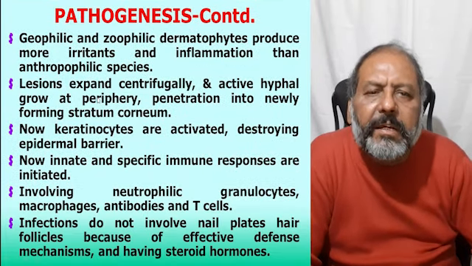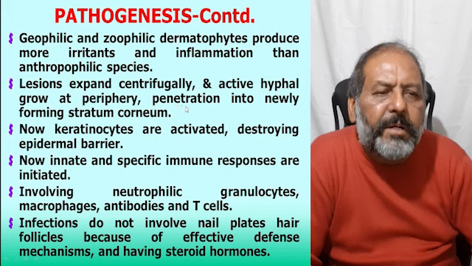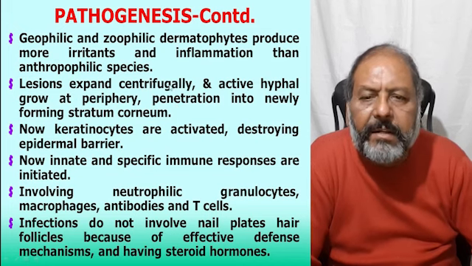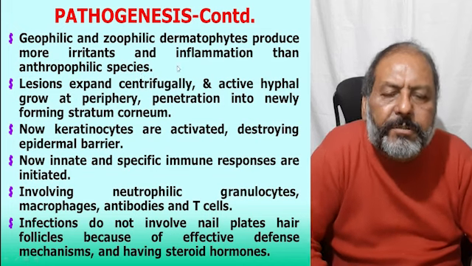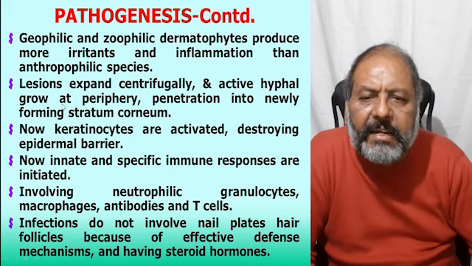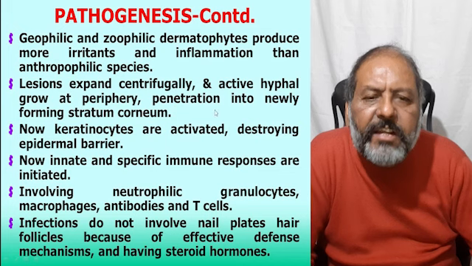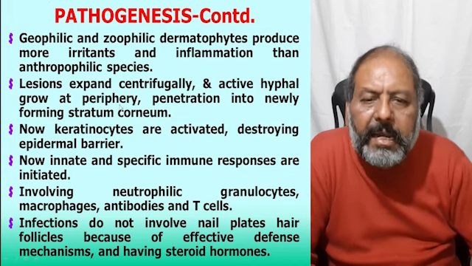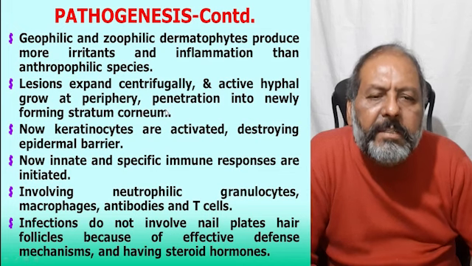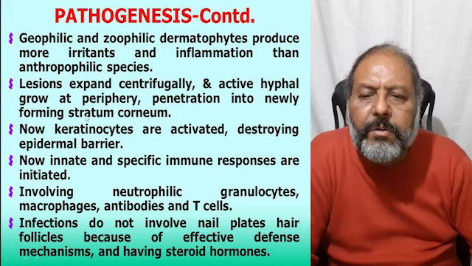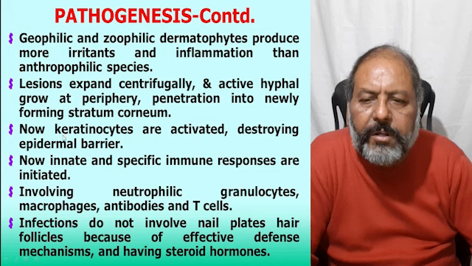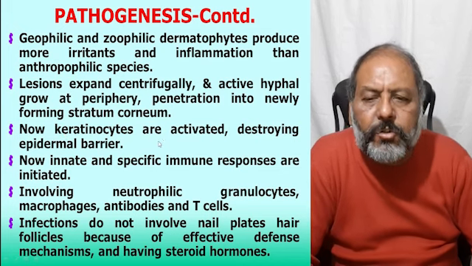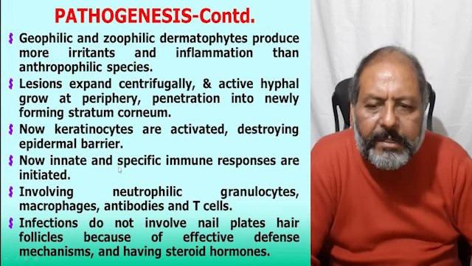Now, geophilic and zoophilic dermatophytes produce more irritants and inflammation than anthropophilic species. I have already told you, and lesions expand centrifugally, and active hyphal growth occurs at the periphery. These penetrate into the newly forming stratum corneum. Now, keratinocytes are activated, destroying the epidermal barrier.